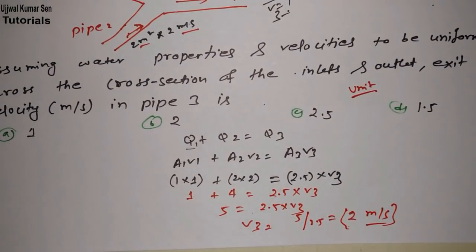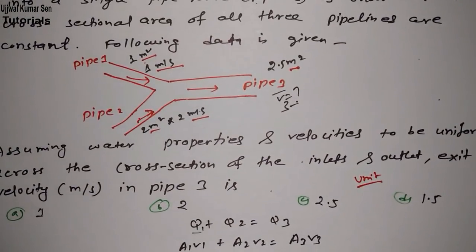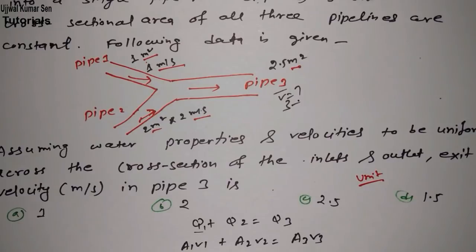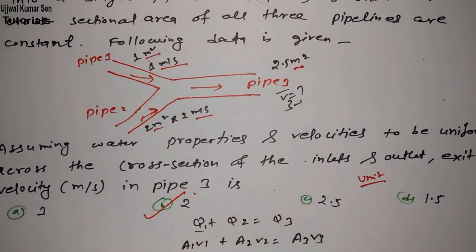So the answer is 2 meter per second. Now look at the options given in this question. The answer we got matches option B. So without any doubt you can mark the right answer to this question.